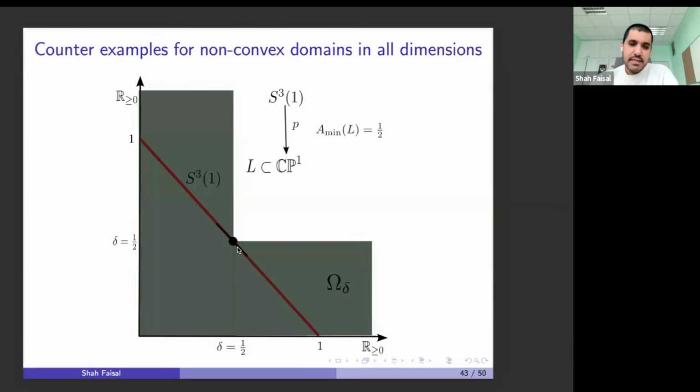And this is an extremal torus in this non-disjoint union of cylinders that intersects the interior of this non-disjoint union of cylinders. Using this example, one can consider a smooth star-shaped domain where extremal tori will intersect this interior.